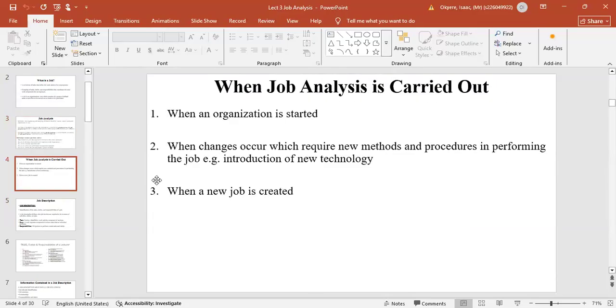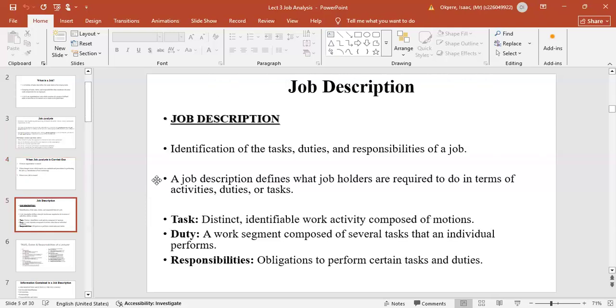So when you go to work, what are some of the responsibilities? Those responsibilities are known as job description. It talks about the tasks, the duties, and the responsibilities of the job that you are going to do.